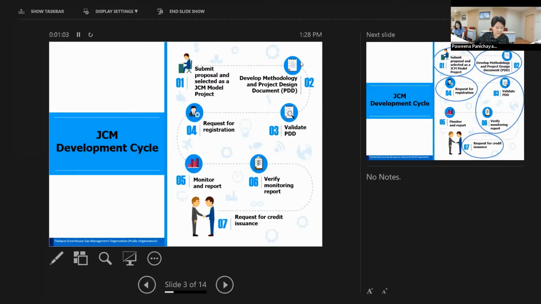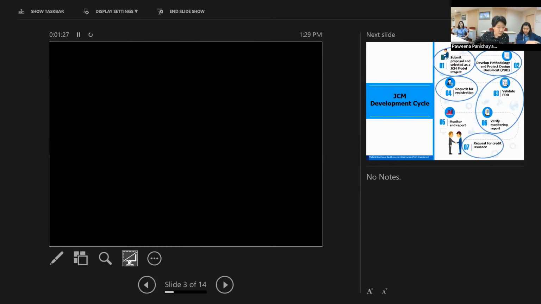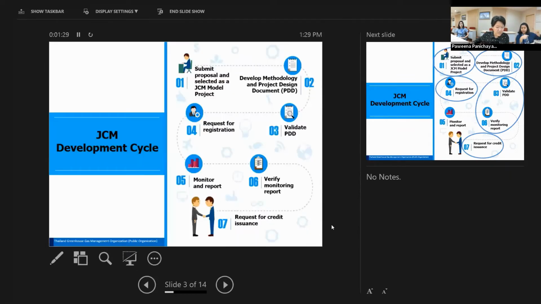The PDD gives details about what kind of activities the project conducts, how they calculate the greenhouse gas emission reduction, and which parameters they must collect data on. The PDD must be validated by a third-party entity, and the project developer must request for registration.